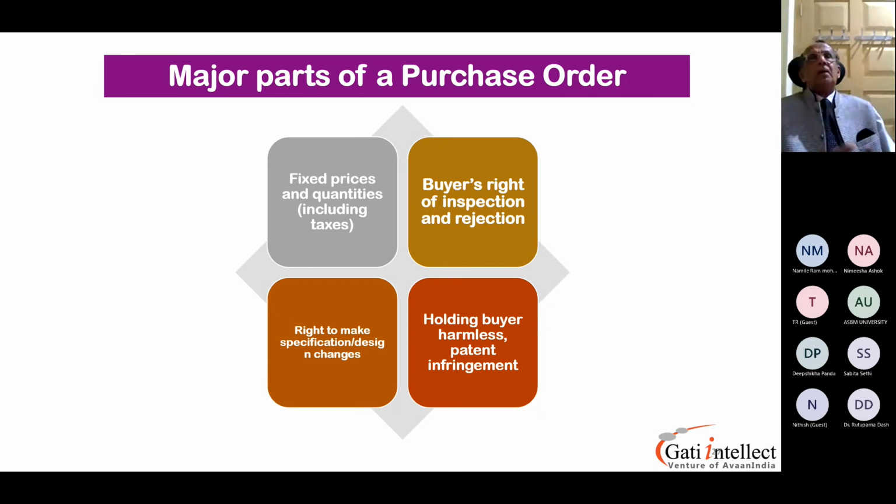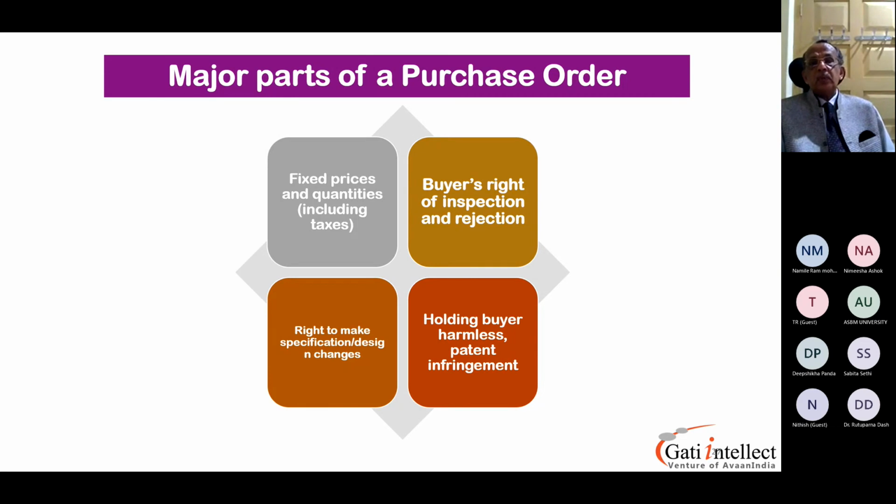This is called absolvency certification. We will be absolved of all liabilities when you buy this, and the entire responsibility lies with the supplier himself. That's called holding buyer harmless of patent infringement. That means they have not infringed the patent from anybody. It is their own patent product.